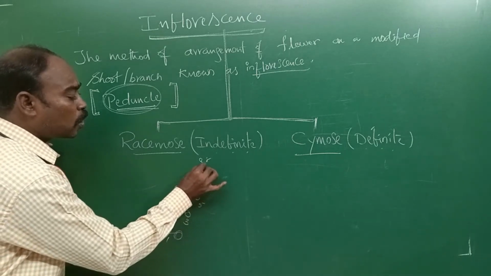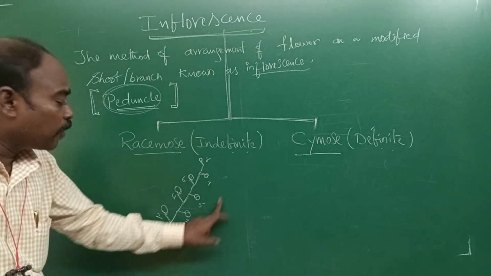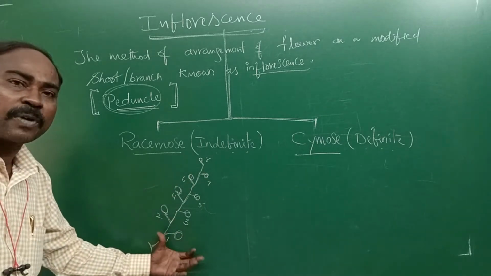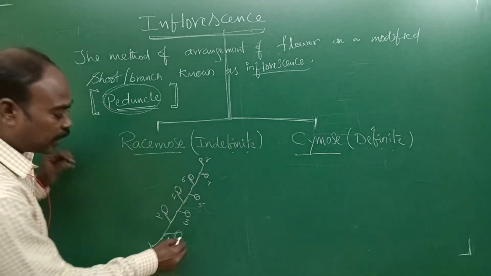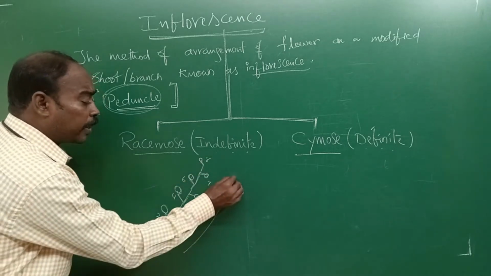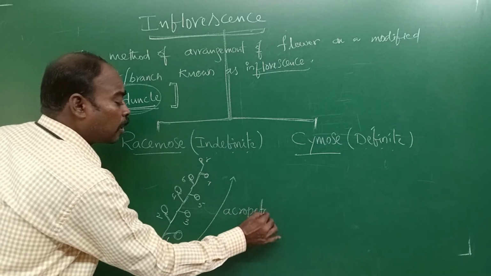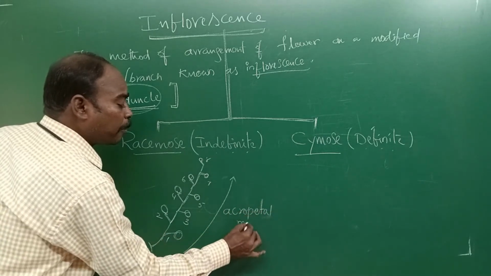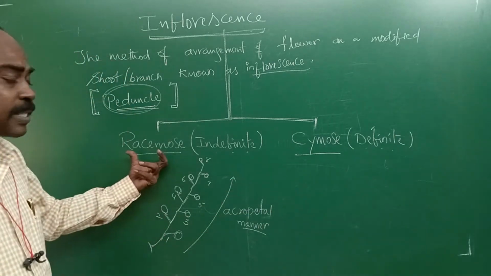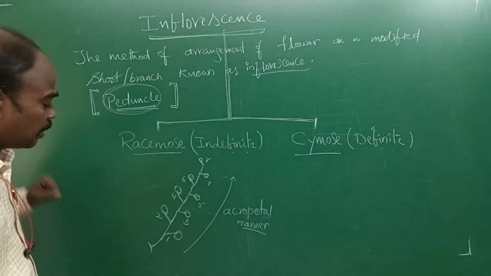Right? So continuous growth takes place. Such an inflorescence axis grows continuously by forming flowers from base to apex. That production of flowers from base to apex in an order is called acropetal succession or acropetal manner. Hence this is called racemose. Here continuous growth of the peduncle is seen.